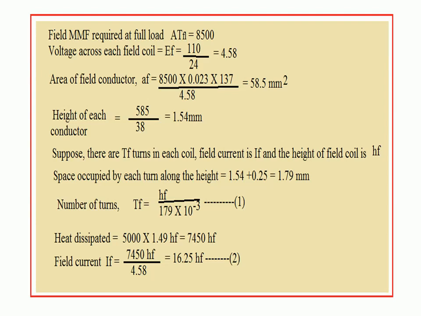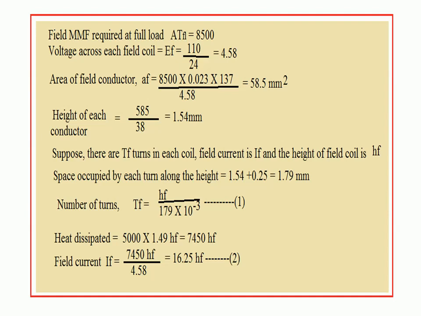Suppose there are TF turns in each field coil, field current is IF, and the height of the field winding is HF. Space occupied along the height by each turn, that is bare conductor with insulation.